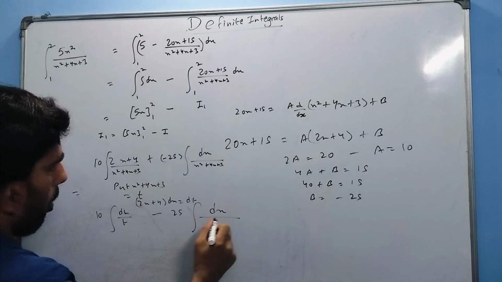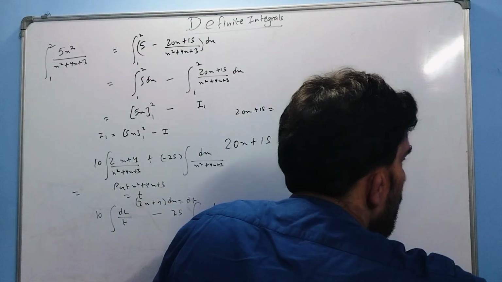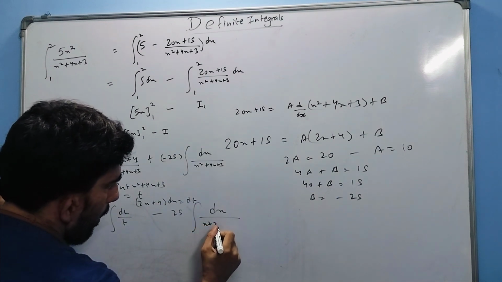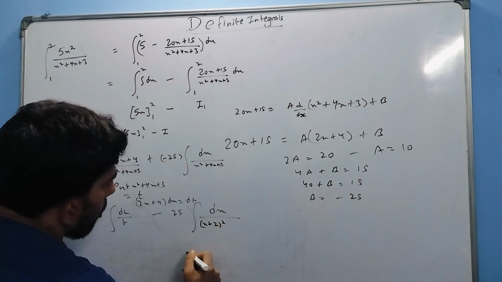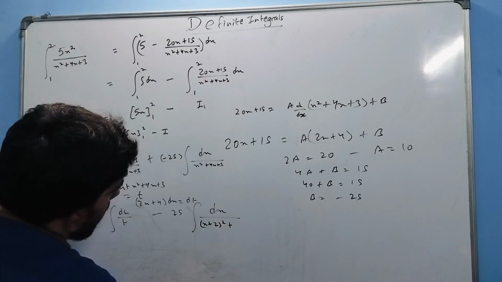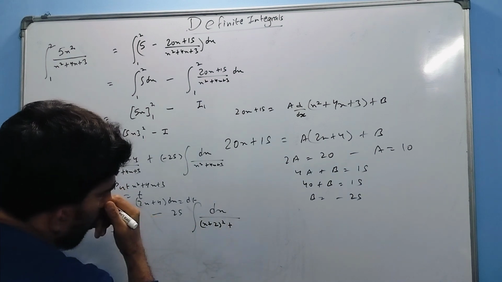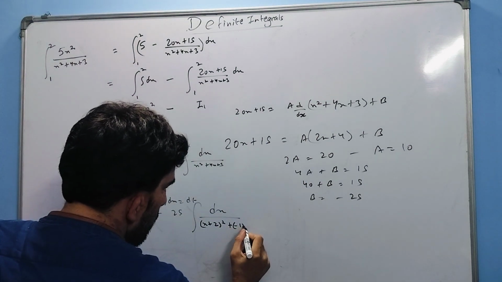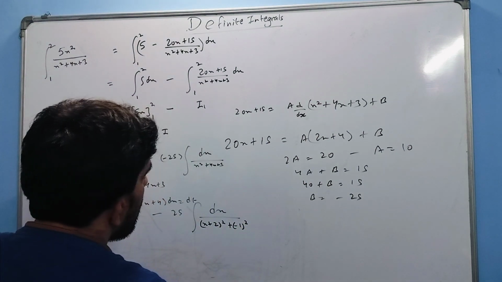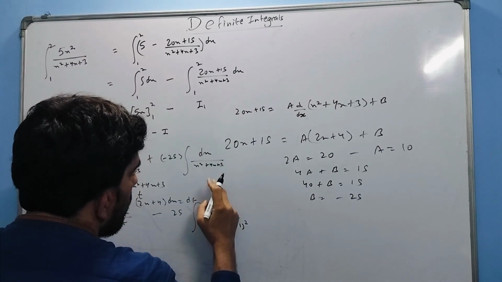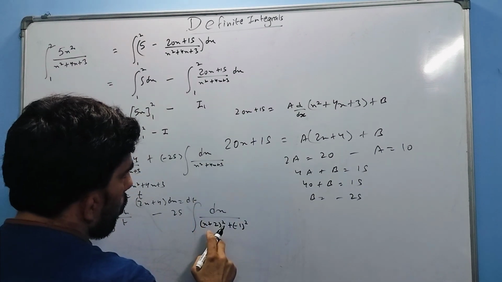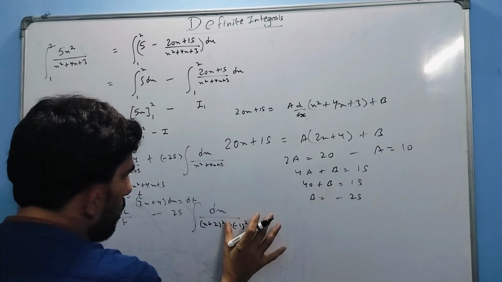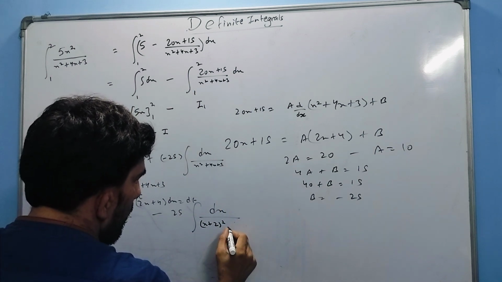dx upon, now we can solve by completing the square, x plus 2 whole square plus 3. So what will happen? It will have minus 1 square. Because we have added plus 4, so x plus 2 whole square minus 4. No, 3 minus 4 is minus 1, so it will have here minus 1.